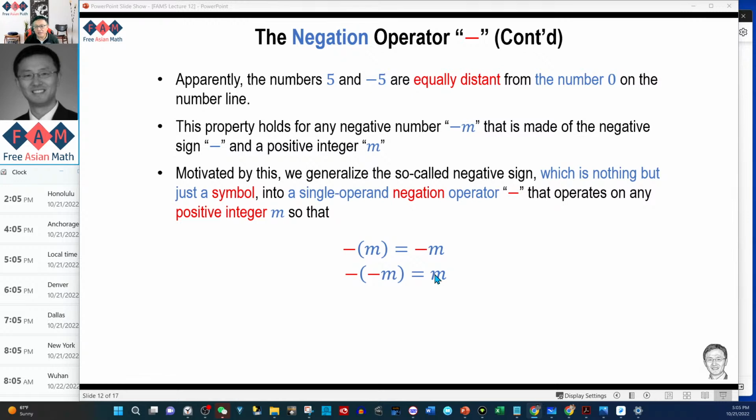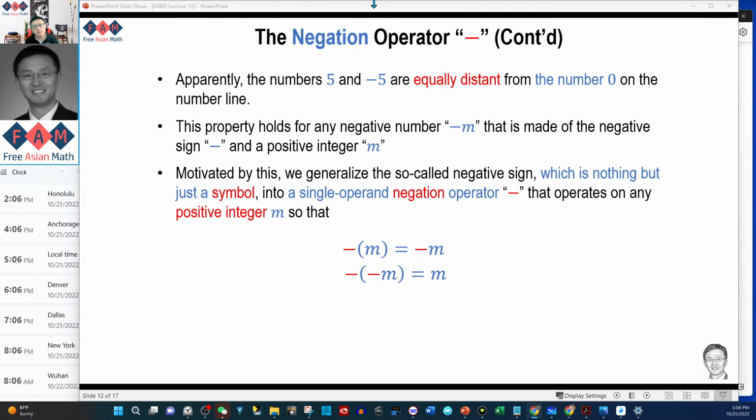But on the other hand, if we take the left-hand side number as the input to this operator, which is what we have inside the second parenthesis, we define this operation to get us back to the original number on the right-hand side. So the two go shoulder by shoulder.